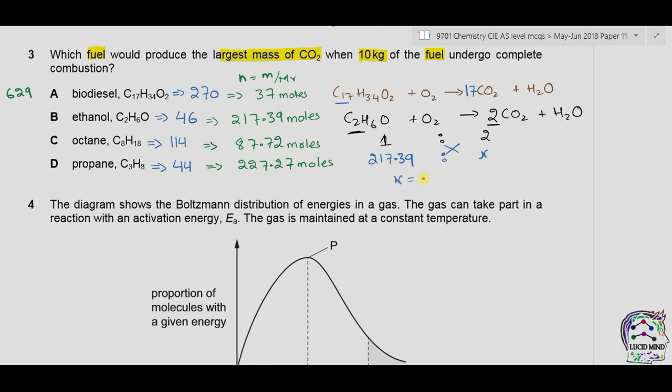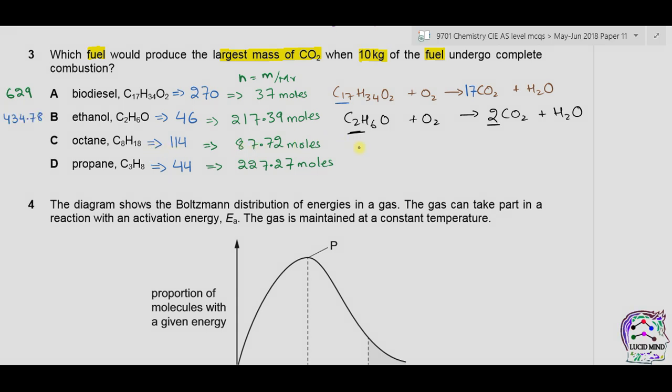So X equals moles of CO2 that is formed, which equals 434.78 moles. So these many moles of CO2 are produced when 10 kilograms of ethanol is burnt in excess oxygen.